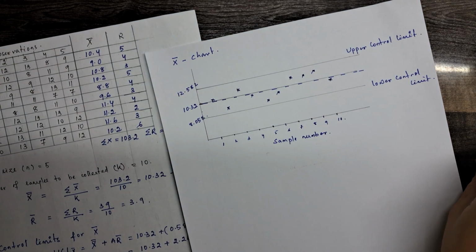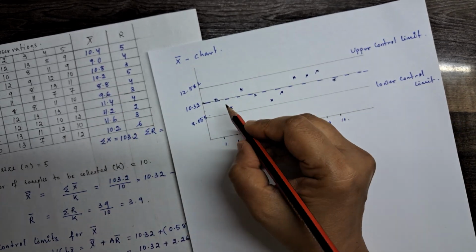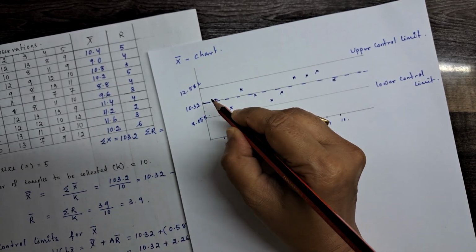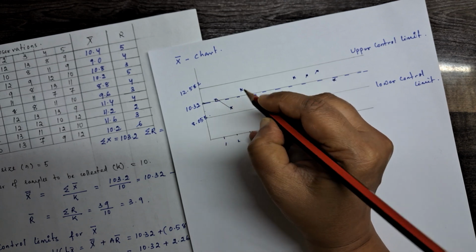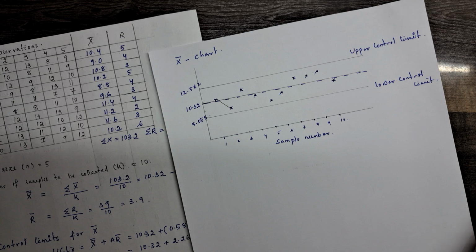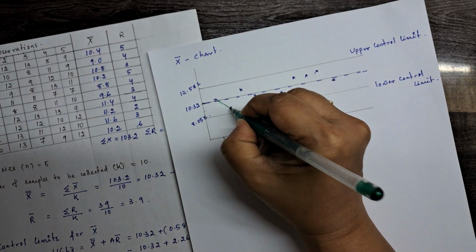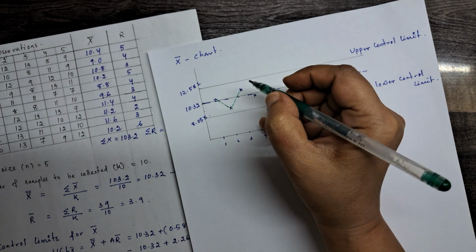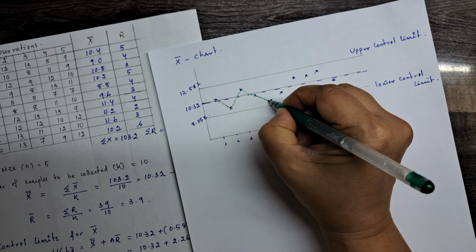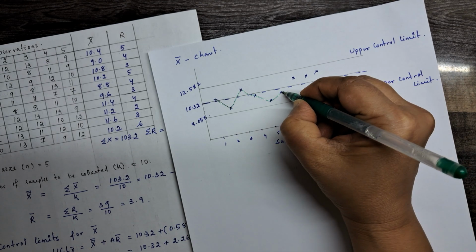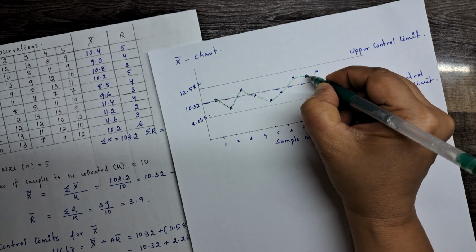So for samples 1 to 10, we have plotted the mean values. So we'll join the points like this, drawing the chart freehand.